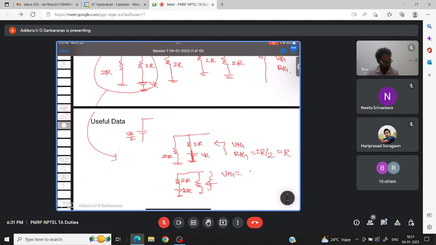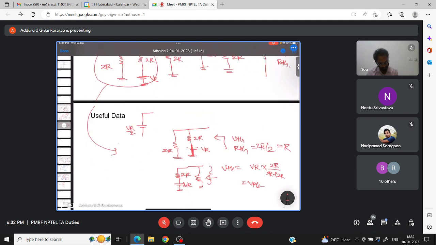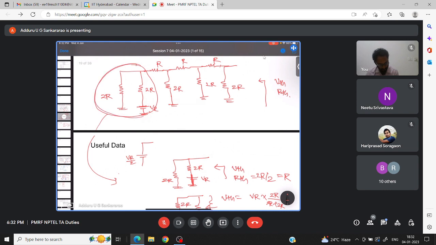VTH equals VR into 2R by 2R plus 2R. So VR by 2. So that means this part I can replace with VR by 2 and R. This part I can replace like this. Do you agree?